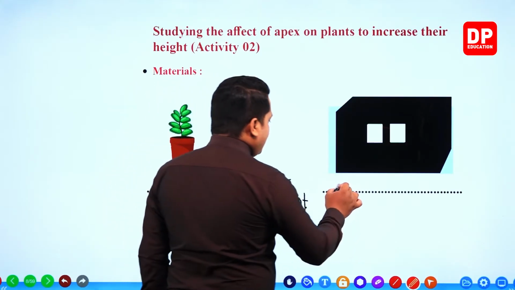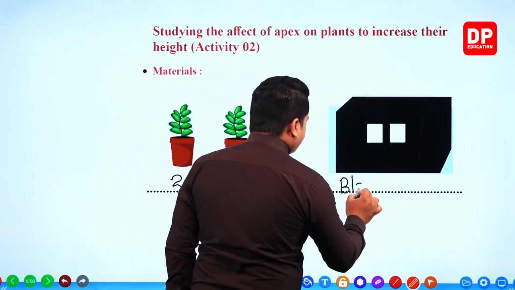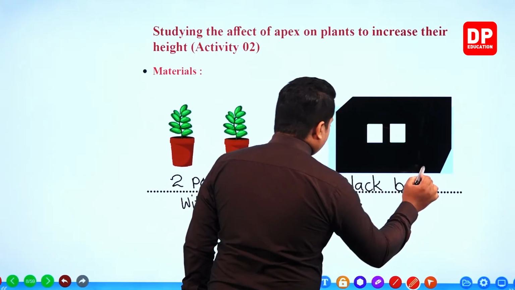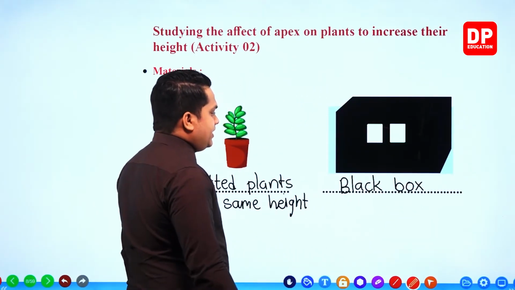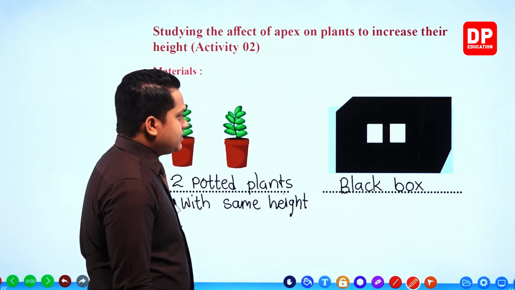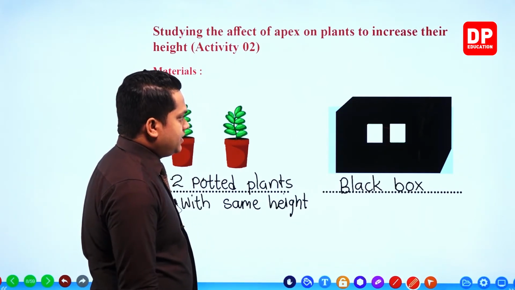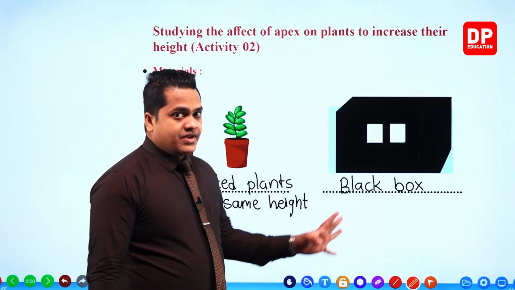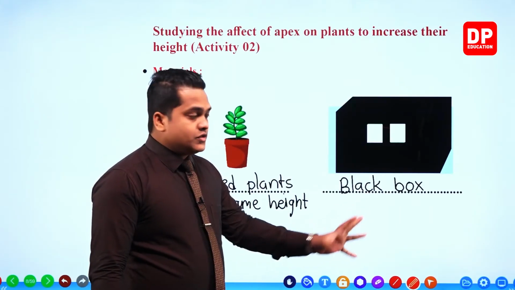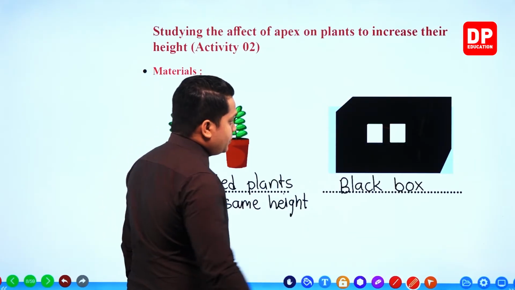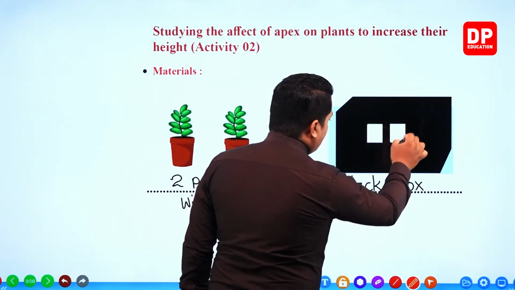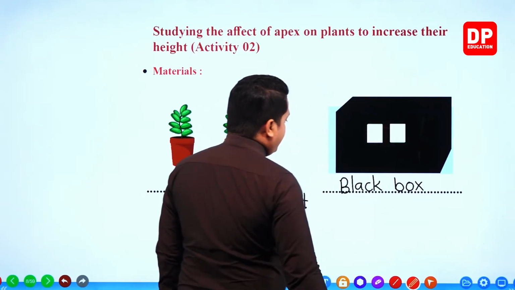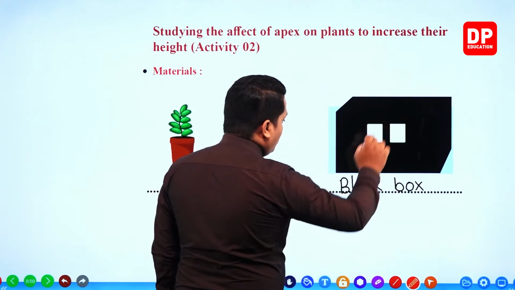Then we'll be needing a black box like this, my dear children. Within the black box you can see that there are 2 holes.